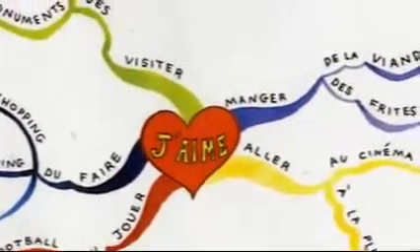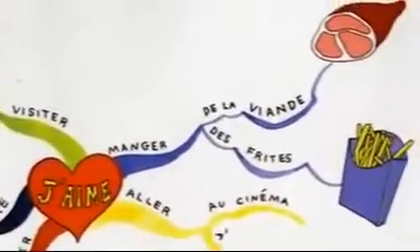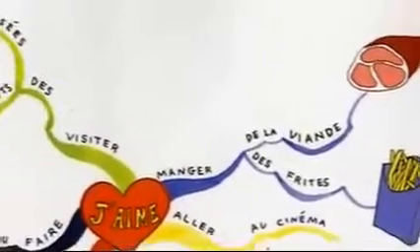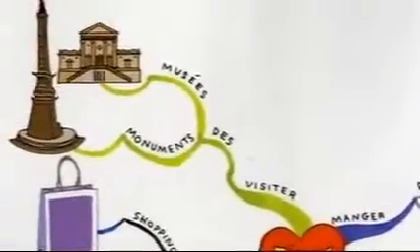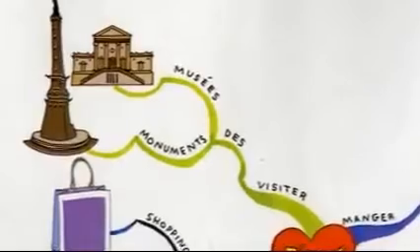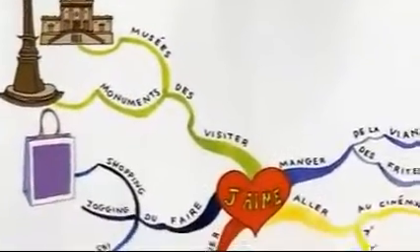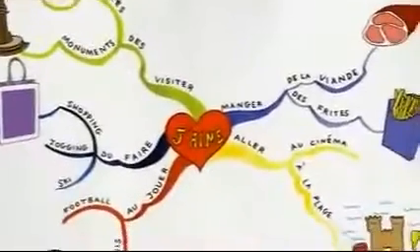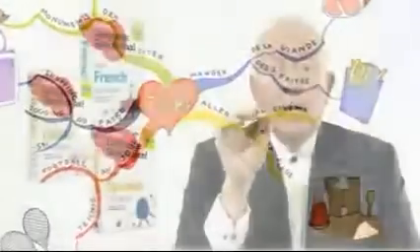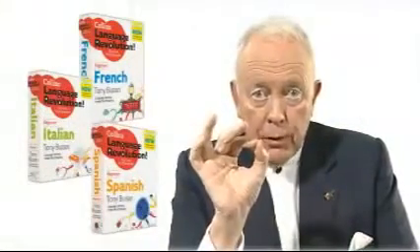Then you add your main branches. For example, manger, to eat, visiter des musées, to visit some museums, and you see how similar and easy all this is. To go to the beach, aller à la plage. The more you think about this topic, the more words and expressions you will add to your mind map.